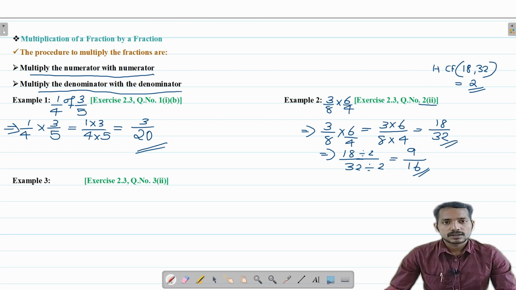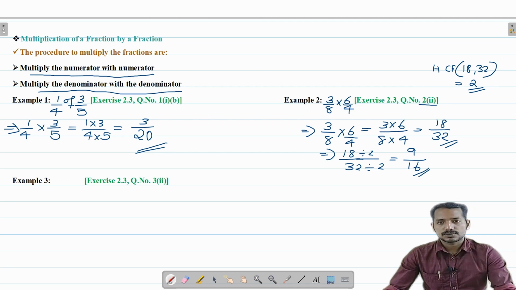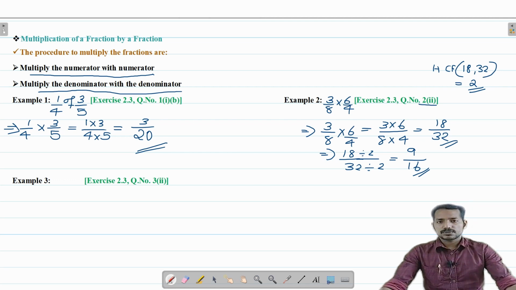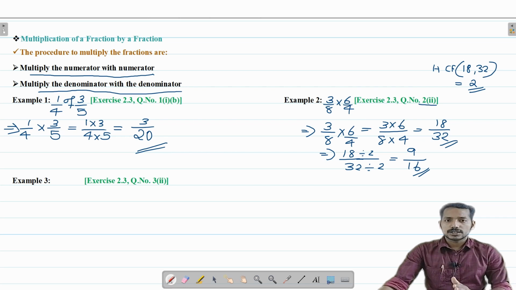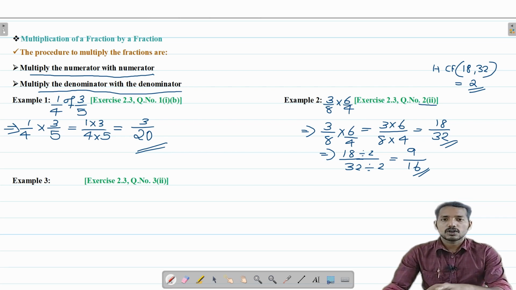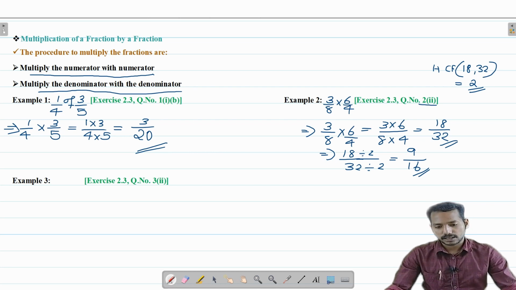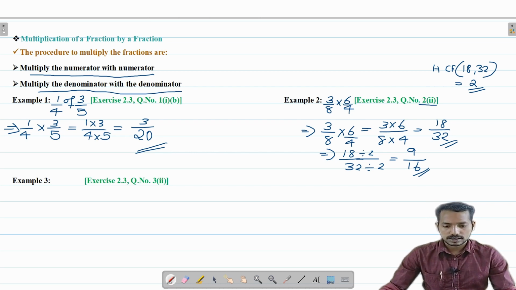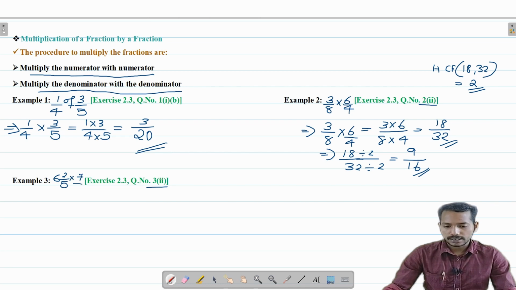Clear? Now let's discuss one more example, in the case of a mixed fraction. In the case of a mixed fraction, we just convert the mixed fraction into an improper fraction if we are going to multiply or divide that particular fraction. Clear? So let's take exercise 2.3 question number 3, option number 2. What is the question? 6 2 by 5 into 7 by 9.